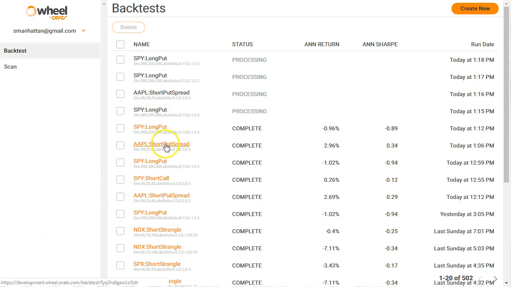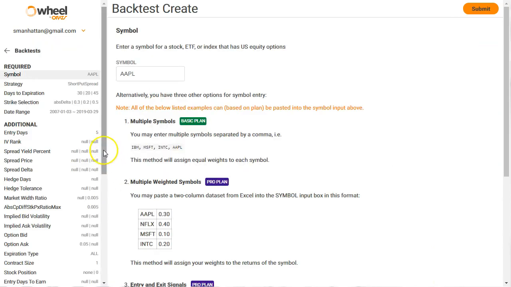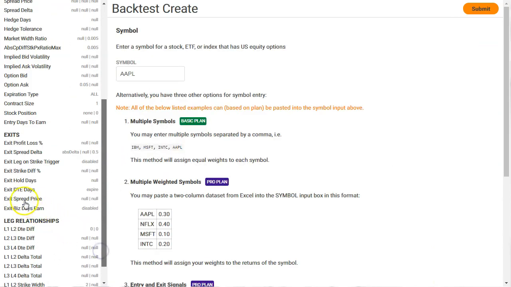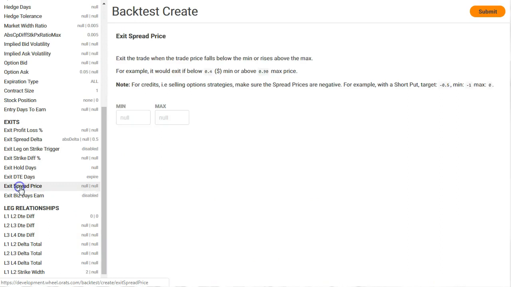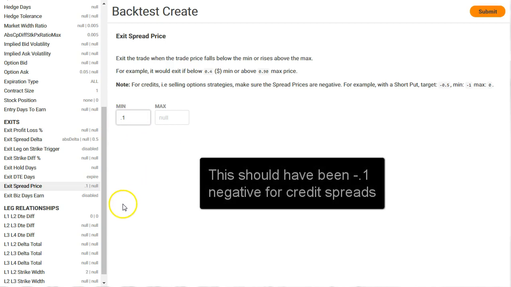Okay, for the last 2 exit rules, we'll take a look at the Apple put spread, and we'll see that exit with a certain spread price. So if there's only, let's just say 10 cents left in the spread, we could exit it there.